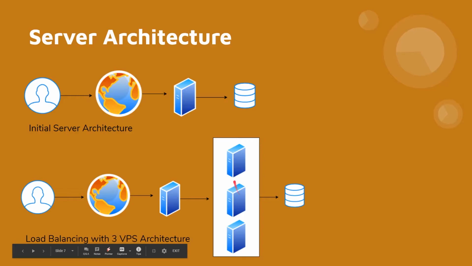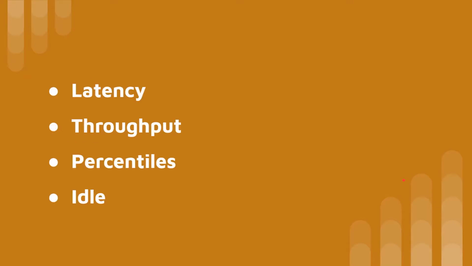And finally, it'll hook up to the database over here and then pull information from there. So that's our server architecture. Now, having run the information, we can look at the analysis.